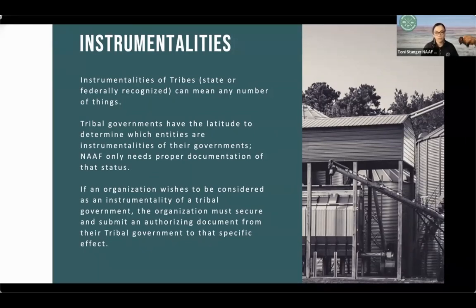Our contact information is going to be at the end of this slide, and our email is grants@nativeamericanagriculturefund.org, where you can ask us those types of questions. There are instances where we'll allow you to continue with your application if you supply us enough information that we know that the application is going to be approved, or that the tribe knows that the application is going to eventually need some type of resolution from the tribal government. But again, any questions, you can email us, you can call us, and the sooner the better.